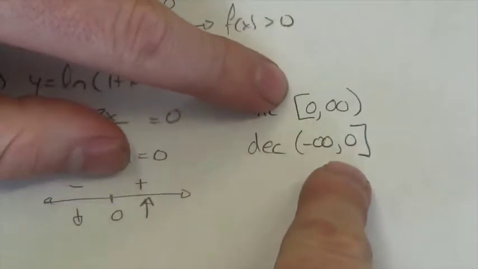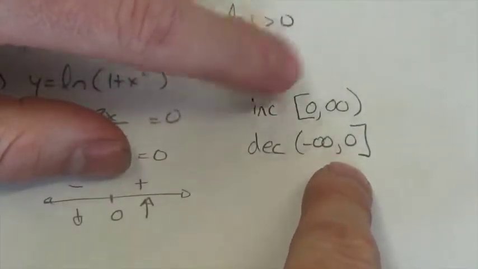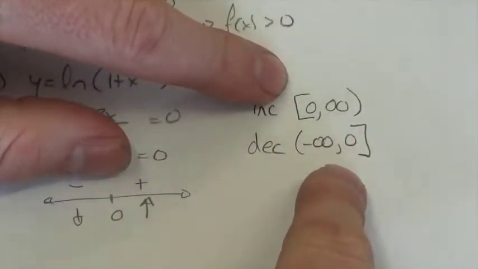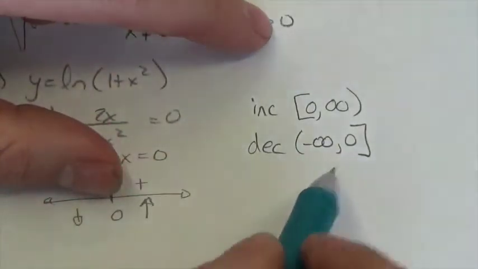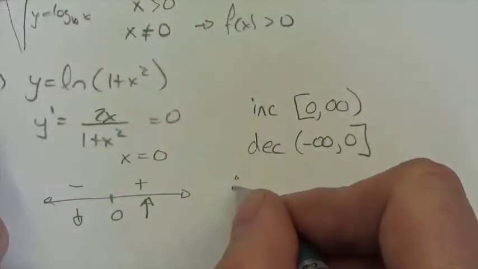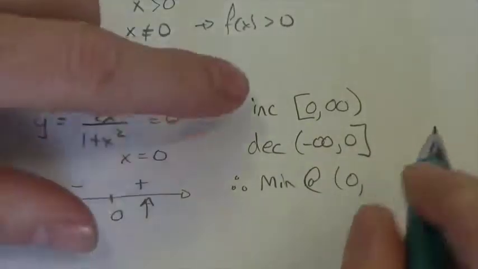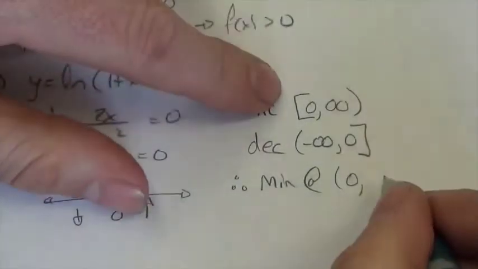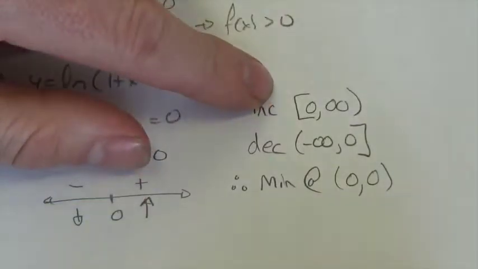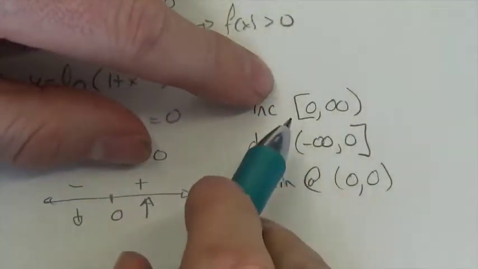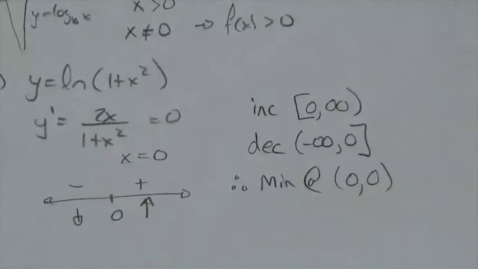If a value is the endpoint of a decreasing sequence and the beginning point of an increasing sequence, that means I have a min at the point 0, and we've already established this, 0, 0. I've got a minimum happening there. It has to be a minimum.